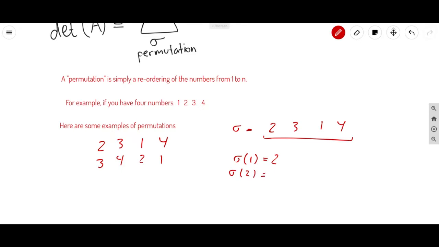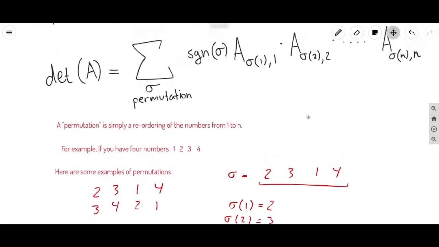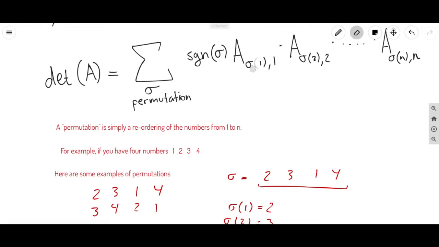Sigma of 2 just means it's the second number in the list. That's what it means. So what you're doing is you are choosing, in the first column, some permutation. This is the first position in the permutation. Then you're choosing the second position in the permutation, choosing the third position, and so on.